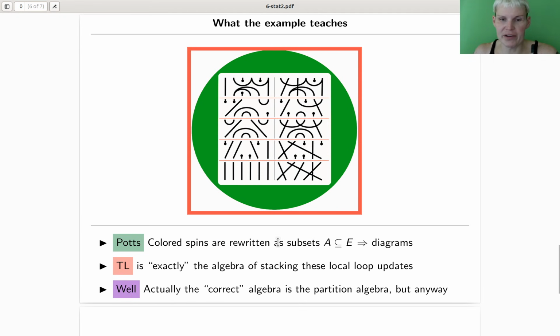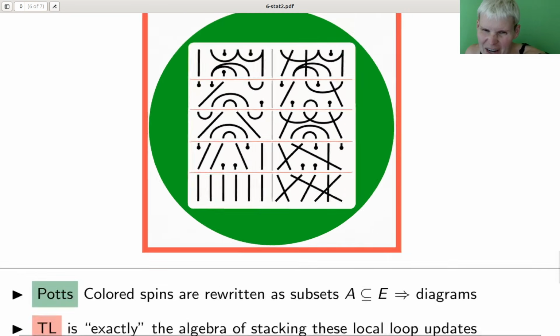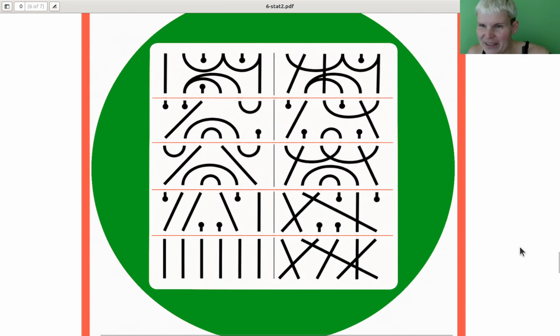So essentially that's what it is, and you get diagrams as the boundary state operators. That's not 100% true, because if you really think about this, what you really get is more like the partition algebra, because clusters can be related arbitrarily, can break into arbitrary pieces if you make it more general.